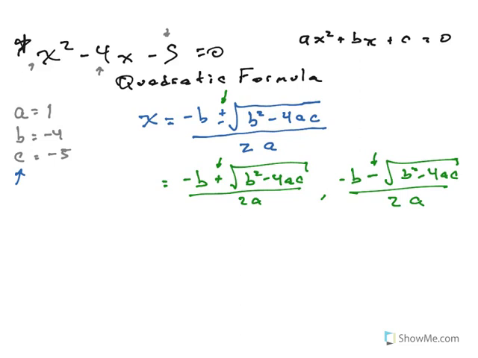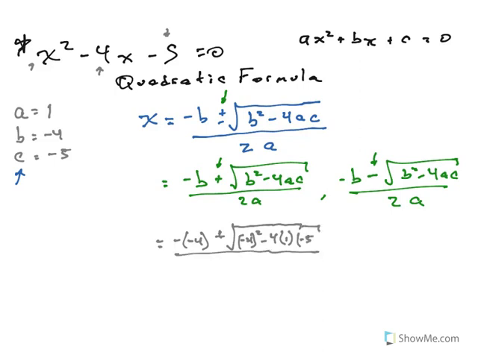All right, so let's go ahead and plug in our numbers. Minus b, well, b was negative 4, so this is minus negative 4 plus the square root of b squared, so minus 4, the whole thing gets squared, minus 4 times a, which is 1, times c, which is minus 5.